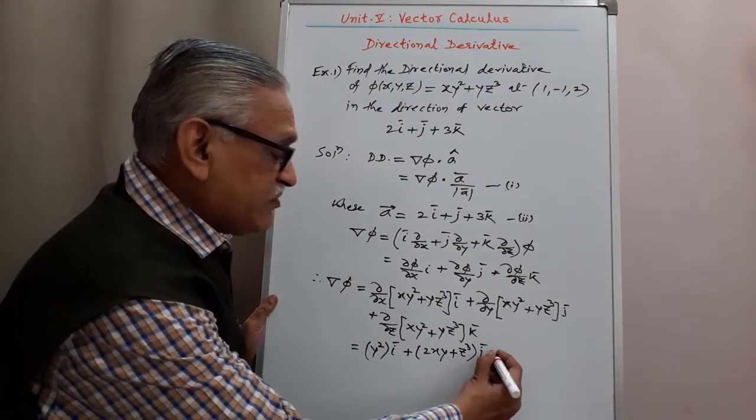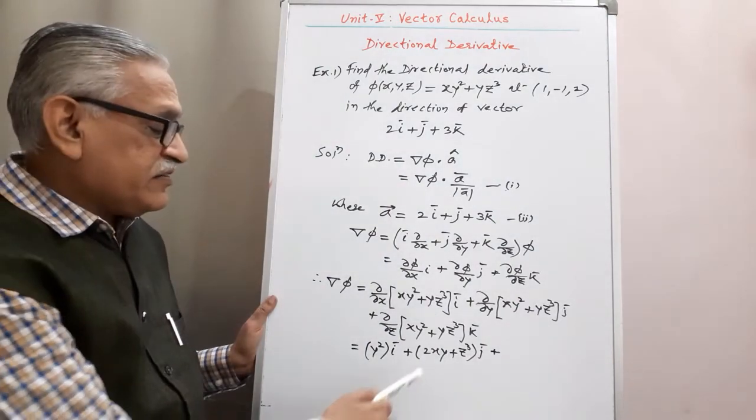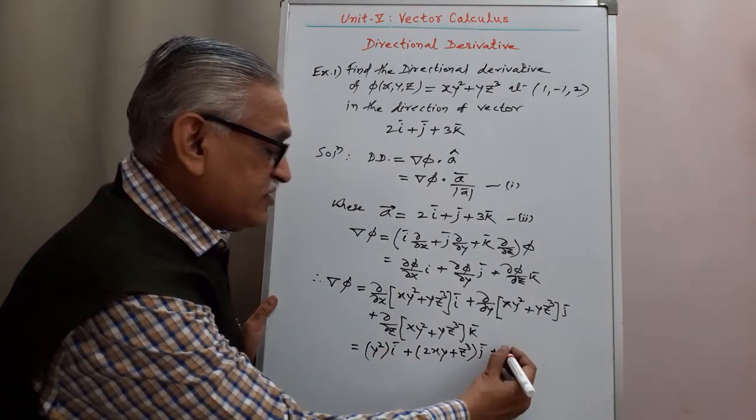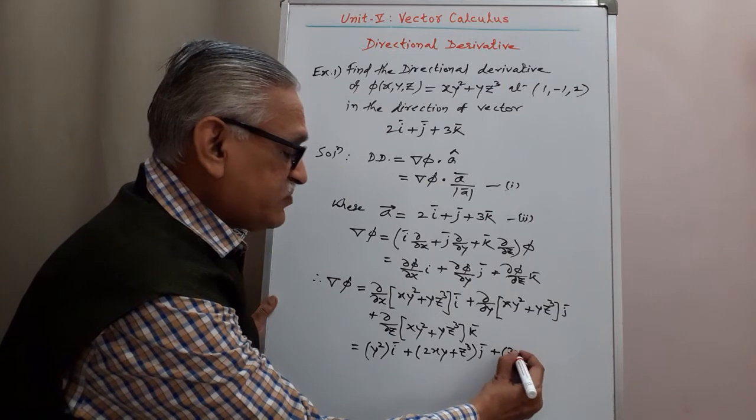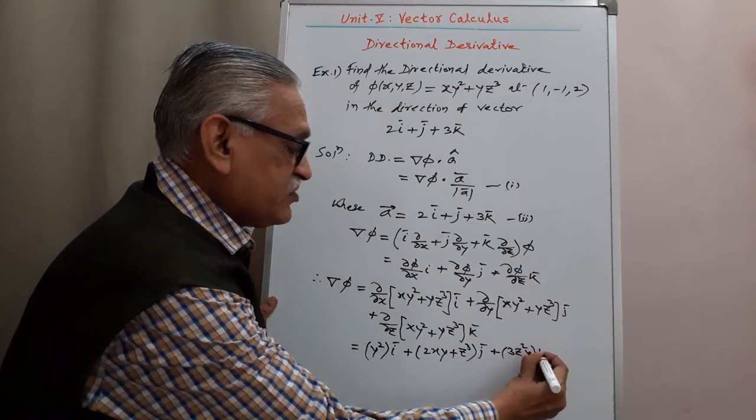Differentiating with respect to z, the derivative of the first term is 0 as no term of z is there, and the derivative of the second term is 3z square y, into k.